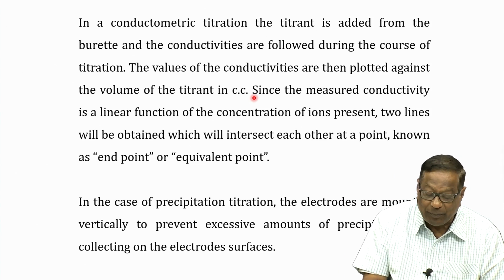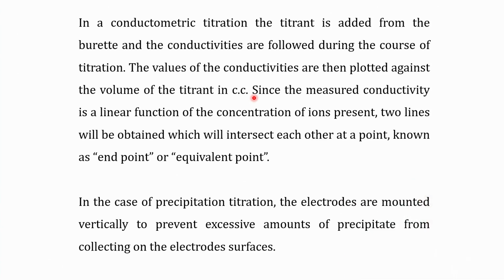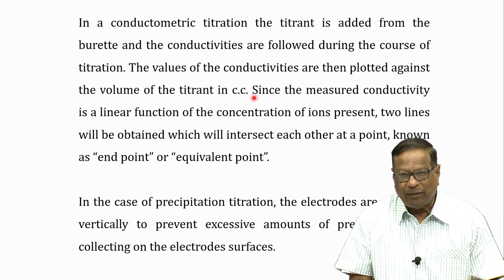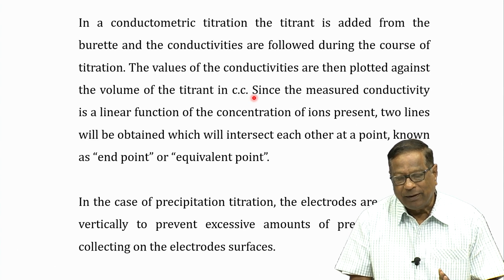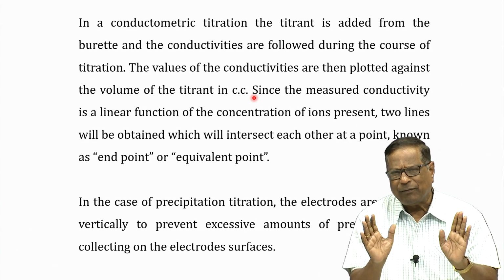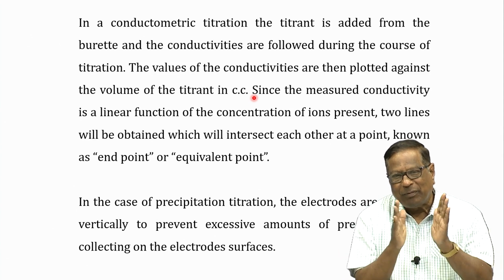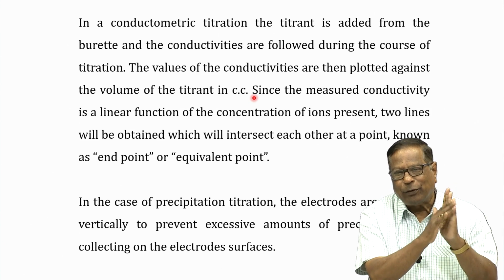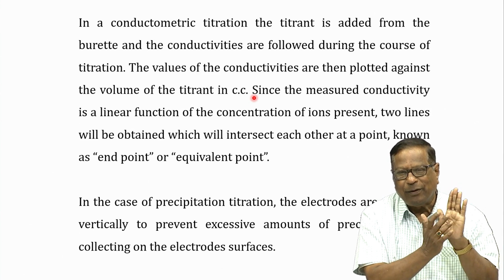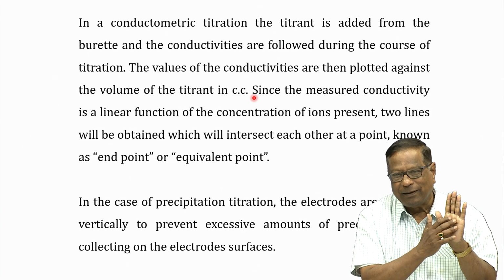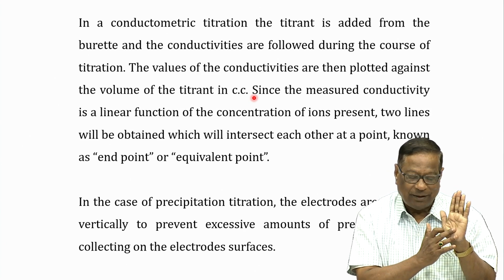So, in case of precipitation, the electrodes are mounted vertically in a conductivity cell to prevent excessive amounts of precipitate from collecting on the electrode surfaces. Normally, in conductivity measurement, if there is no precipitation, then the measurements can be done very comfortably by adding continuously. But if it is a precipitation reaction, the precipitate may sit on the electrode surface, and then you may not be able to get the correct conductance or resistance.